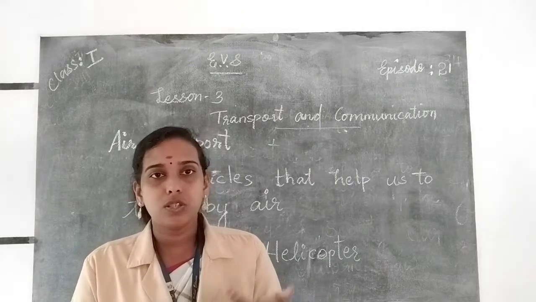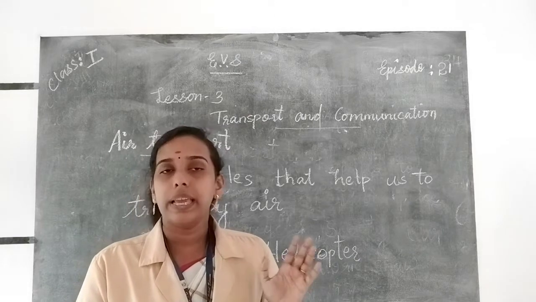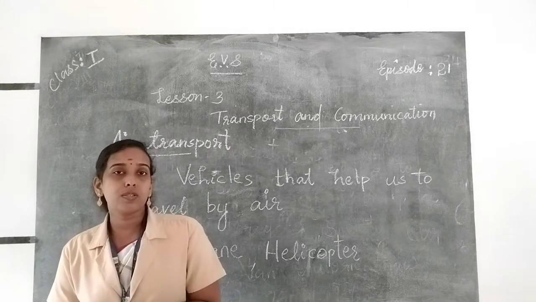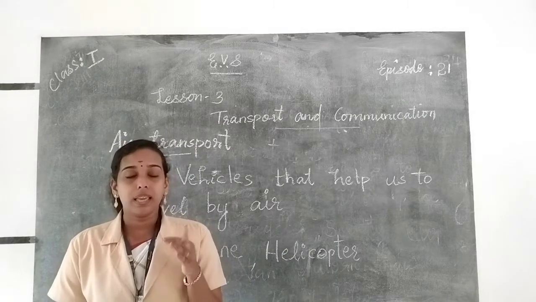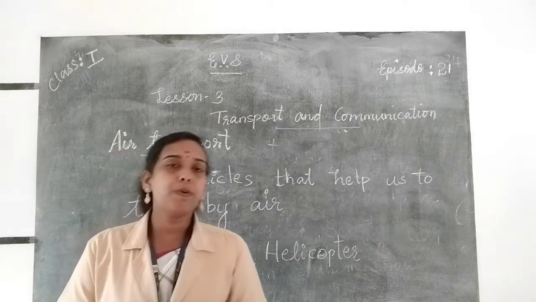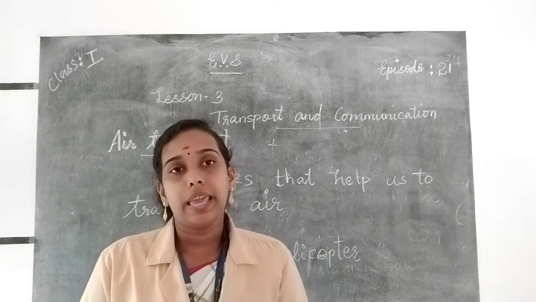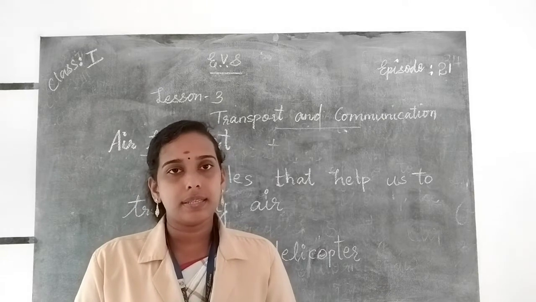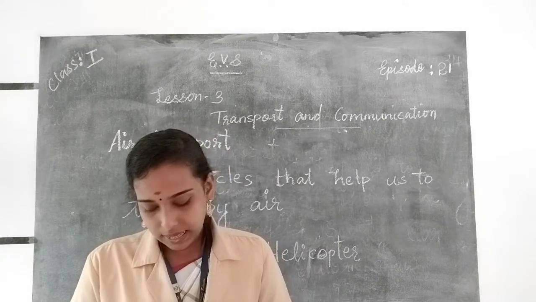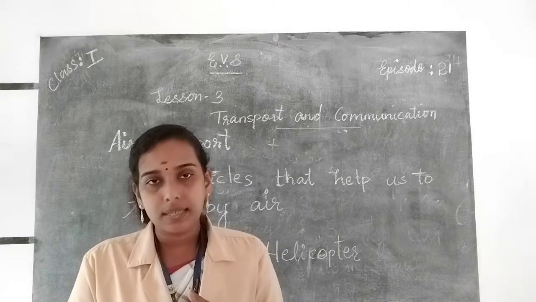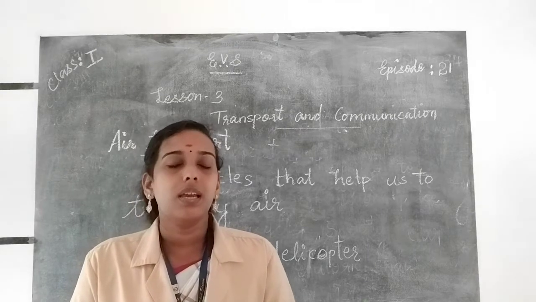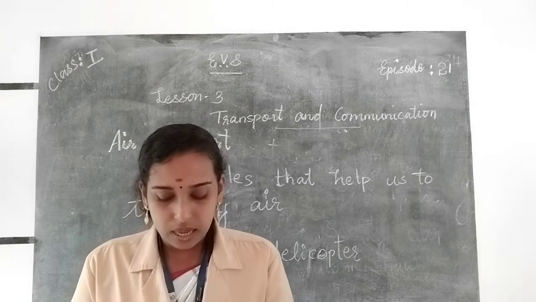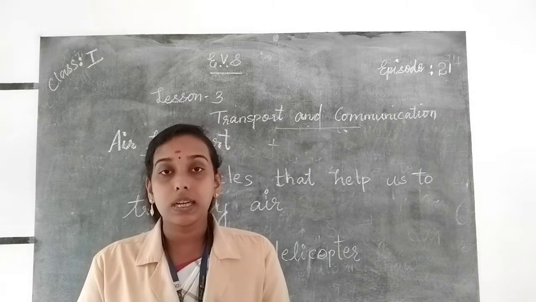And examples are ships, boat, motorboat, etc. Then the vehicles that help us to travel by air are called air transport. Example, aeroplane, helicopter, etc. Okay, so these are the things that we discussed today. So you just read your text carefully. And in this chapter, today we discussed about transport.